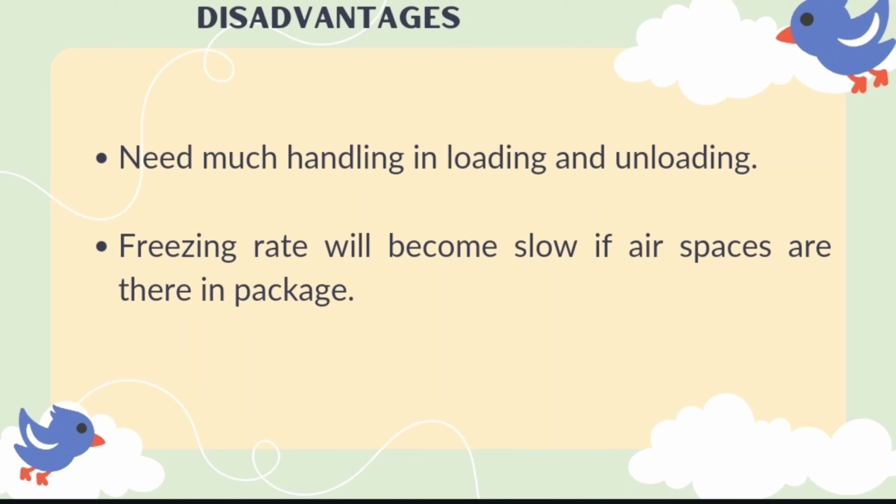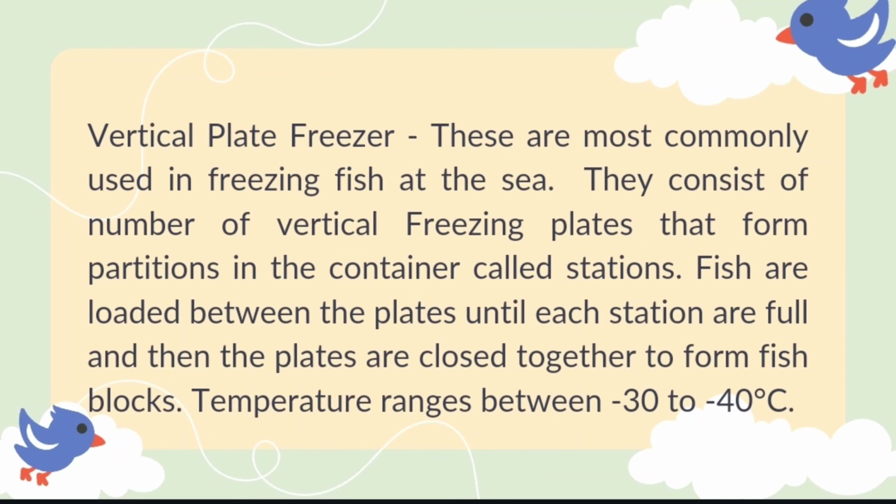So next is the vertical plate freezer. These are commonly used for freezing fish at the sea and suitable for bulk freezing. They consist of a number of vertical freezing plates that form partitions in a container called stations. Fish are loaded between the plates until each station is full, and then the plates are closed together to form fish blocks.